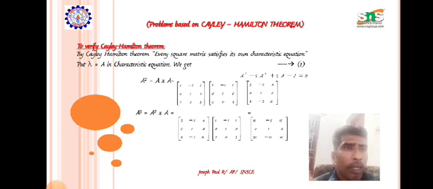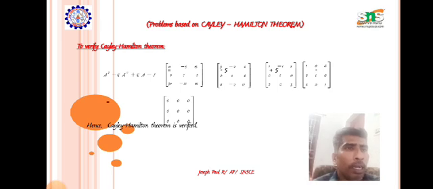We have calculated them, and I need to substitute the values of A cube and A square in the characteristic equation and check whether it satisfies as 0. Its meaning is we will arrive at a null matrix.